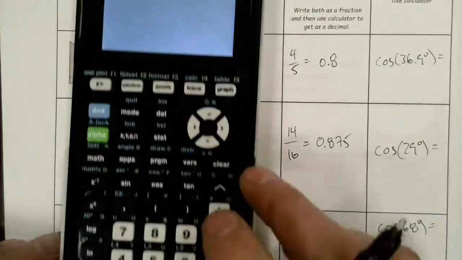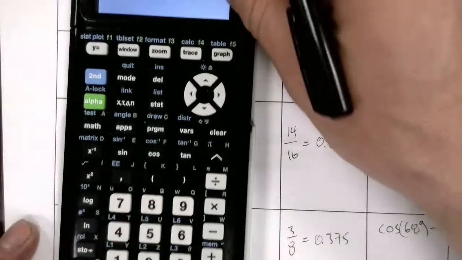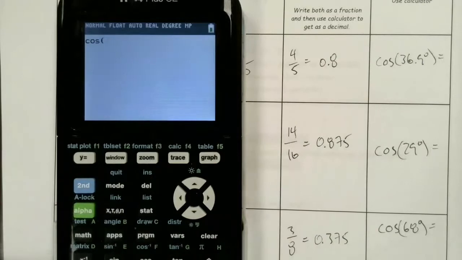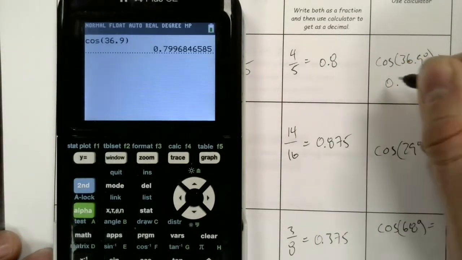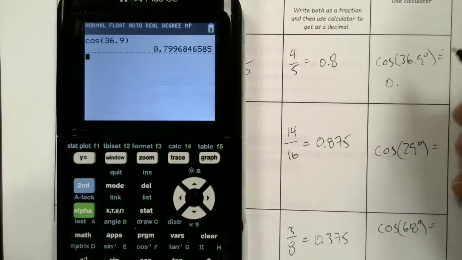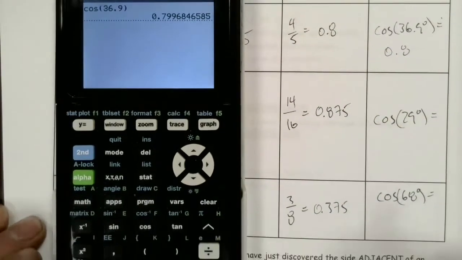Remember, my cosine button is right next to the sine button. Cosine opens the angle, parentheses there for the angle, so 36.9. And I get approximately 0.799, but if I round that to the nearest tenth, like we're seeing right there, I get 0.8.